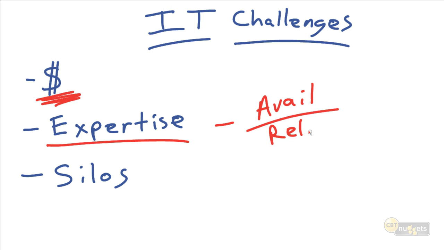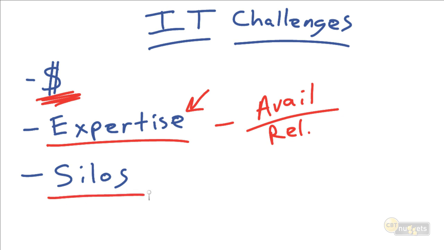Thank goodness for companies like CBT Nuggets, because with CBT Nuggets, of course, we are making the number one focus employees efficiently gaining the expertise they need to implement and to design functional, highly available, highly reliable networks.